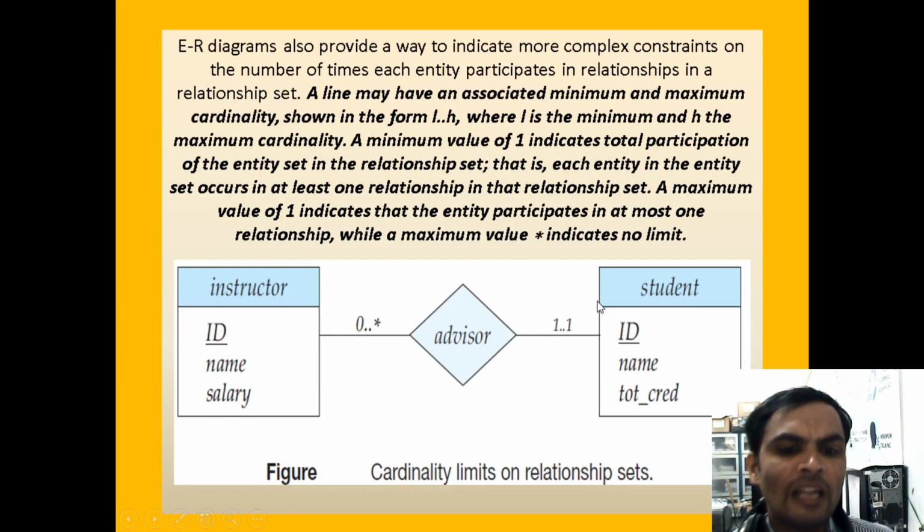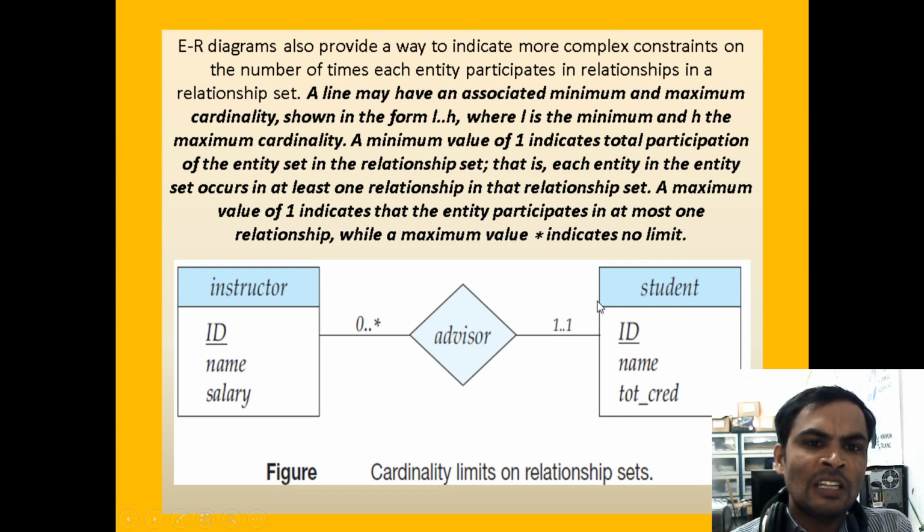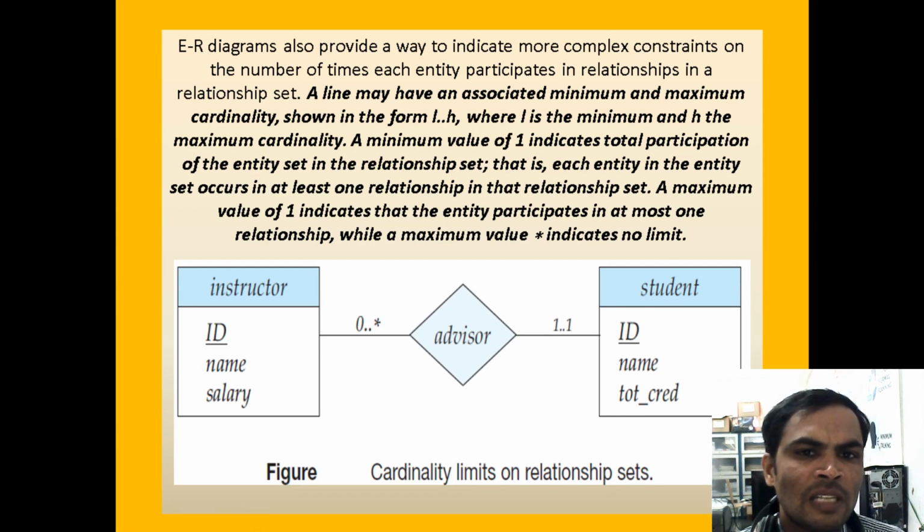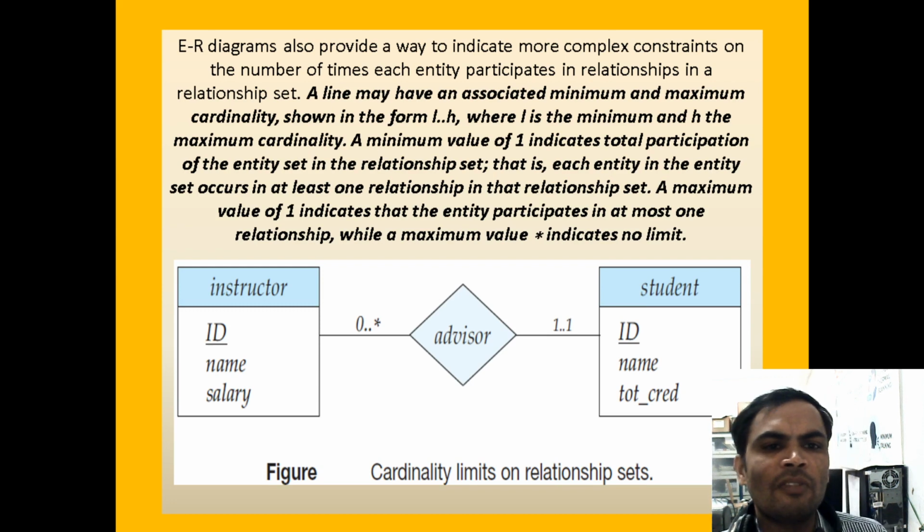Now under the ER diagram we can represent the cardinality mapping in another way also. Here we should consider minimum and maximum cardinality. The minimum cardinality we are representing with the help of one more character. When you are representing it as L, we should consider it as only the one.